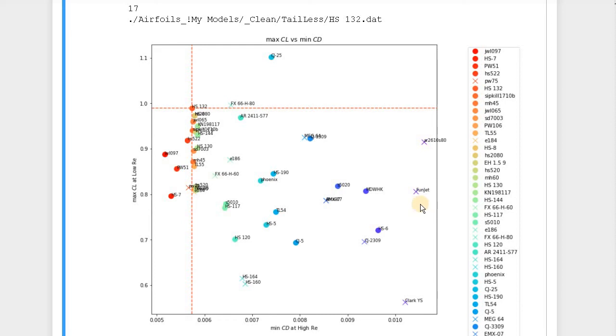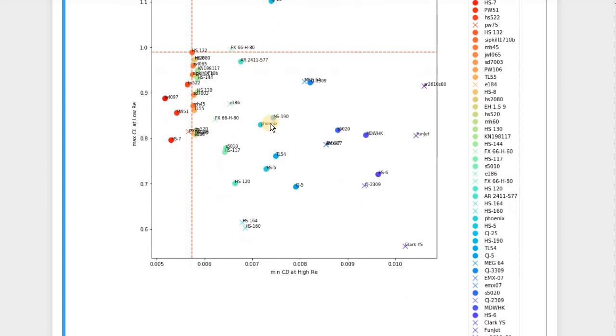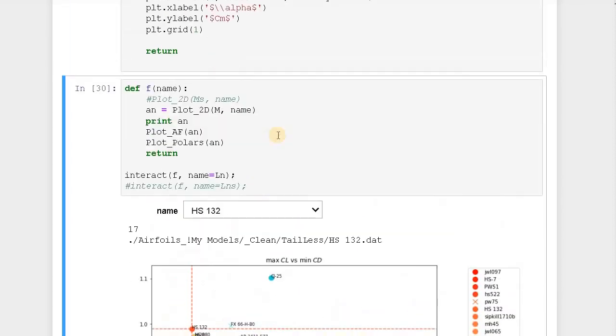It just says where we have to place the center of gravity. If you have the cross, it means you have positive momentum, so you move the center of gravity close to the nose. If it's just a dot, you have to move it closer to the tail. That's it. So we have this, and we can choose the airfoil.